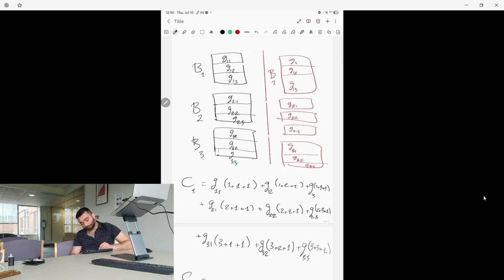Will be before K they are the same. J equals K to M, I equals 1 to NJ.